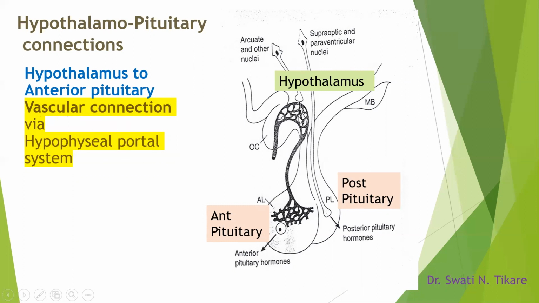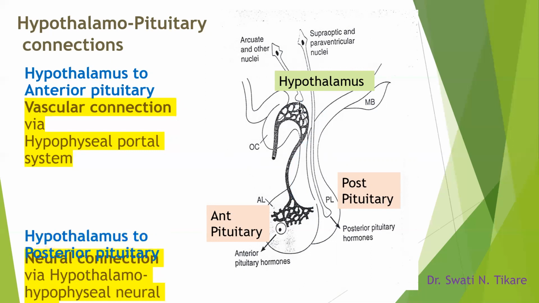That means the connection between the hypothalamus and anterior pituitary is vascular in nature, and you can see all the hormones that are produced in the hypothalamus are getting released into the capillary network, and then it is getting carried through the portal vessels to the anterior pituitary. So basically, most important thing we need to remember, the connection between hypothalamus and anterior pituitary is vascular in nature.